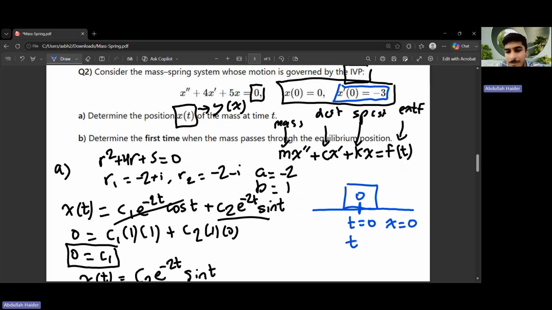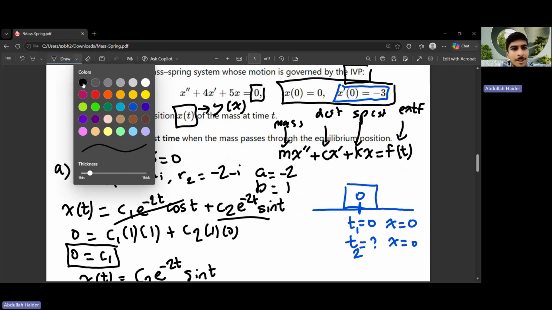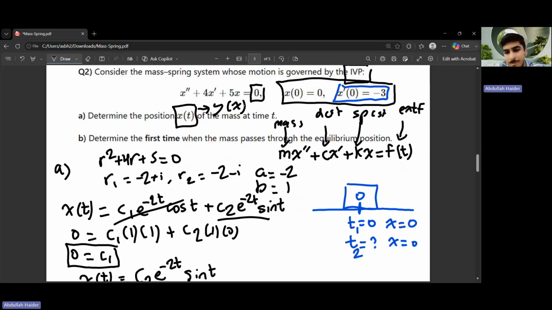So we need the new time for which x would be 0. Let's say t1 was 0. We need our second time when x will be 0, because according to this differential equation, it will either move right or left, and after moving, it will come back to the equilibrium position here. So we need the second time it comes back to the origin.